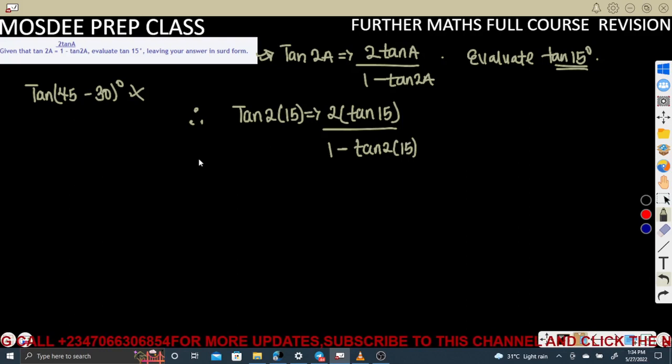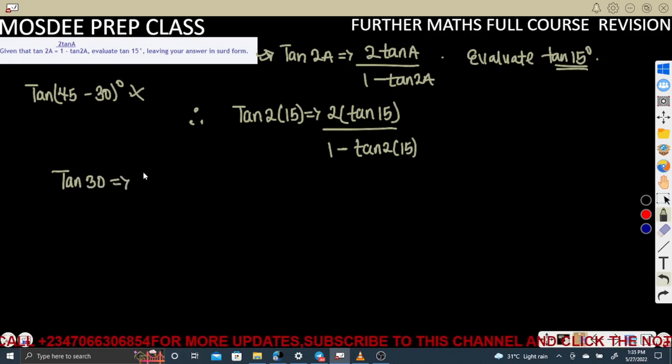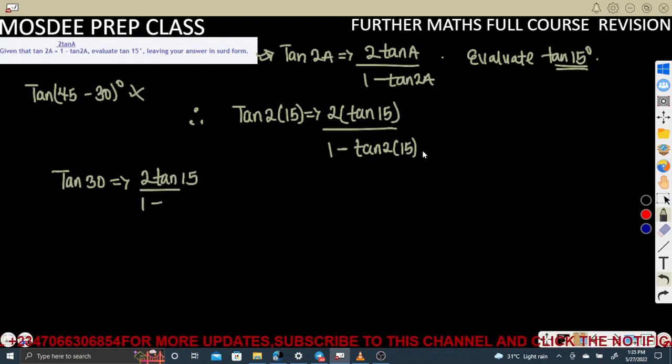So on simplification, 2 times 15, everybody knows, is going to be tan 30. Please, students should be careful that you cannot say 2 times 15 is tan 30. So it will be 2 tan 15 divided by 1 minus 2 times 15 is tan 30. I hope students understand this.